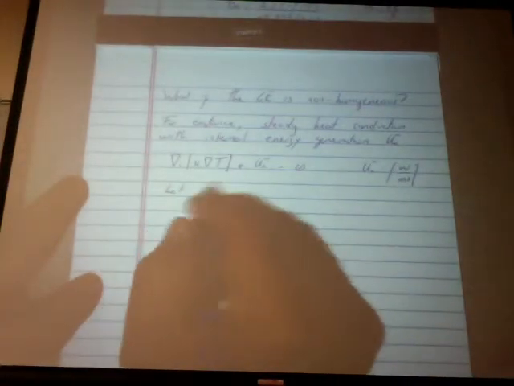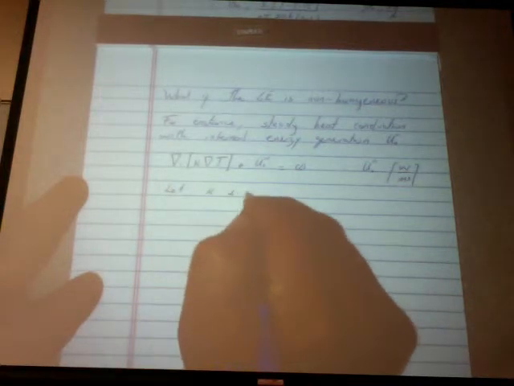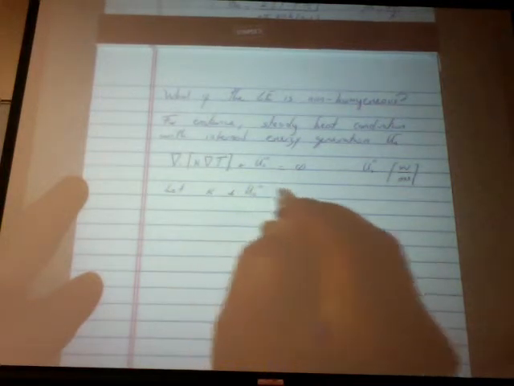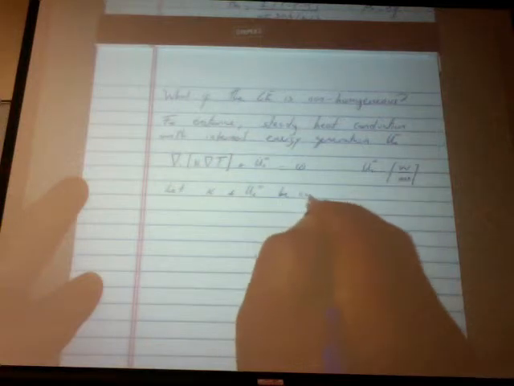Now let K and UG triple prime be constant. So let's say that the domain has constant thermal conductivity and the generation term is also constant, it's not a function of space.